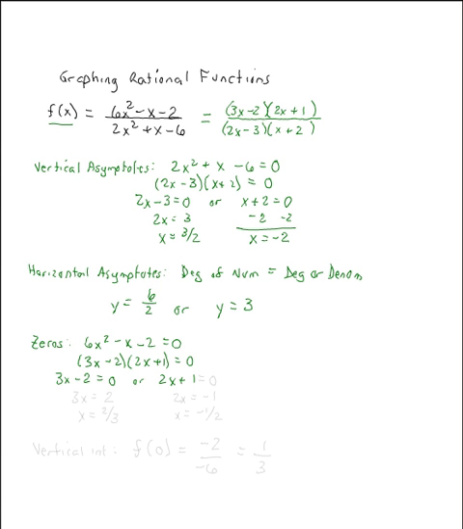Solving each of these equations, adding 2 to both sides, 3x is equal to 2, which means I would have a 0 when x is 2/3. My second equation, subtracting 1 from both sides, I know that 2x is equal to negative 1, and dividing by 2 on both sides, I have another 0 where x is negative 1/2.